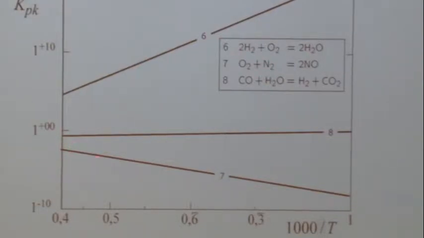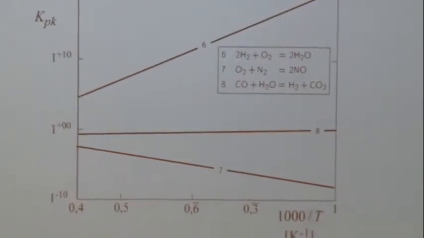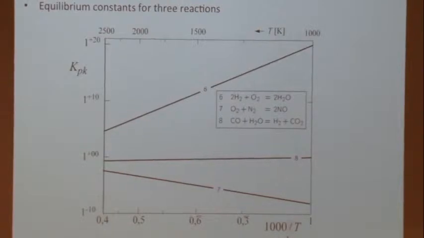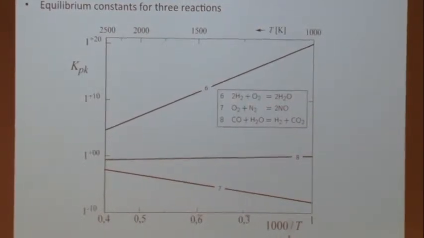And then when I go to very low temperature here, so this is 1,000, maybe I go to 500 Kelvin, then you see this is 10 to the minus 10 would be the equilibrium. And so if I can make that reaction fast to go towards equilibrium, then all the NO will be gone. But that's pure luck. That's just because this is what this reaction is.